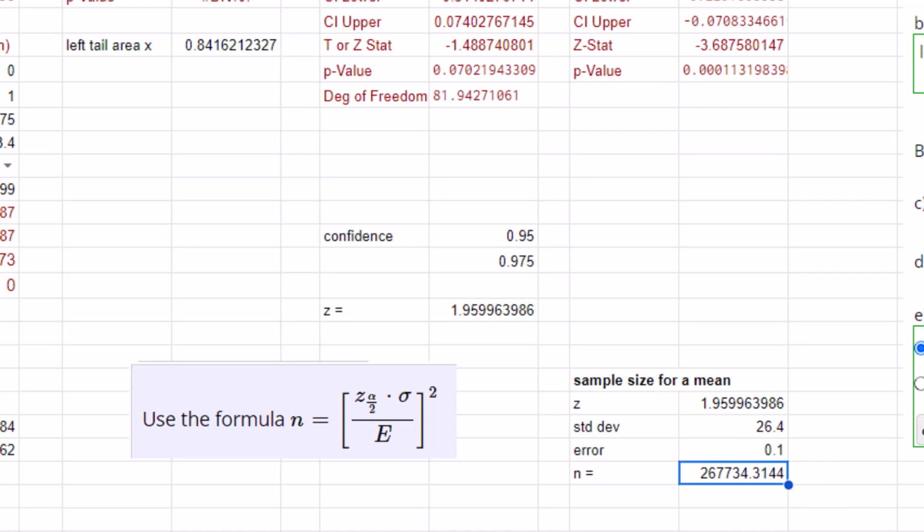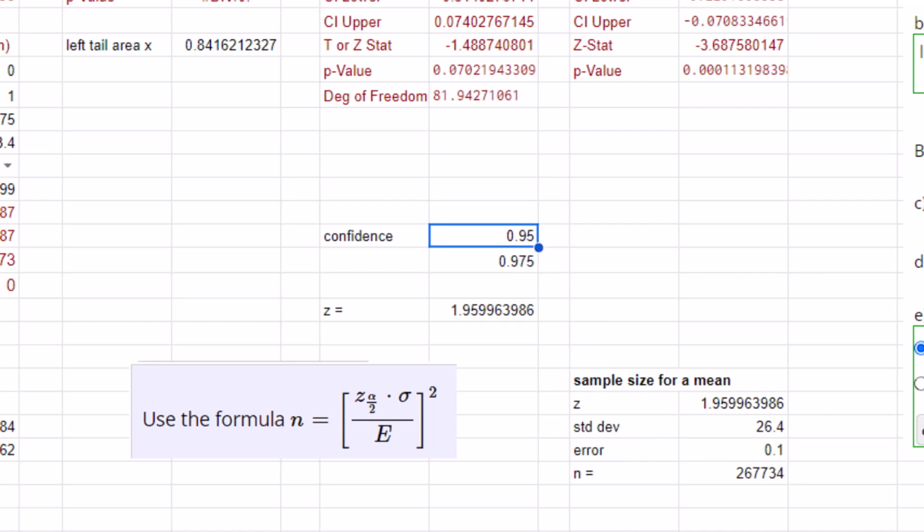You can even use these little buttons right here to say, round it for me. But this way now I have this formula that all I have to do is change my confidence and my standard deviation and error.